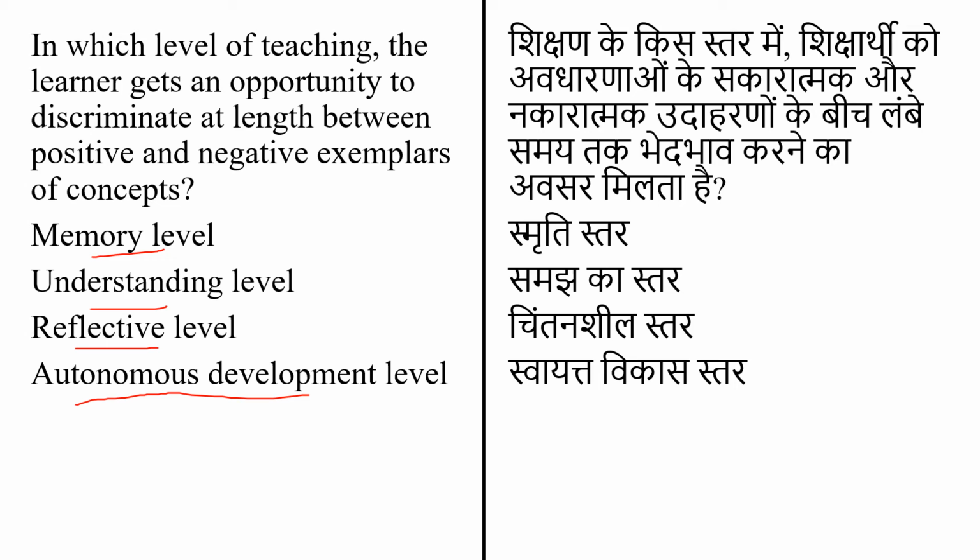In this question they ask in which level the learner gets the opportunity to discriminate between the positive and negative examples of the concept. When we talk about the memory level, it is thoughtless teaching.